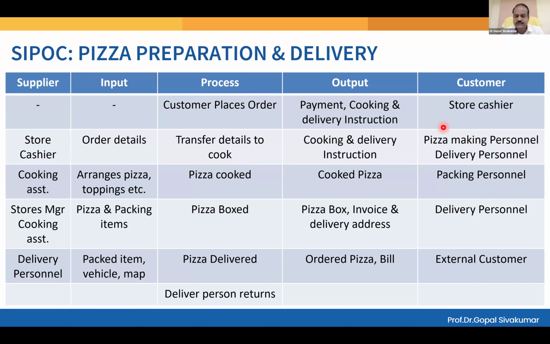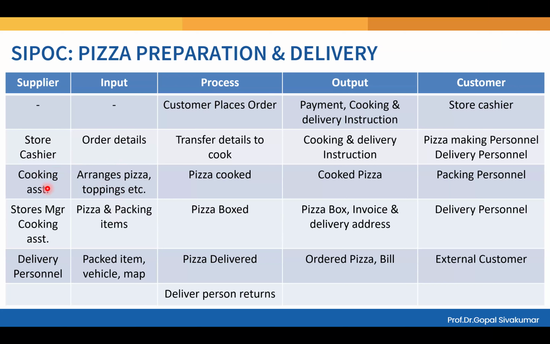Now for the next stage, you know what will happen? The actual pizza will get cooked. In order to cook the pizza, toppings and ingredients are required. Who will bring or supply the toppings and ingredients? The chef himself can arrange, or if the chef has an assistant, the assistant can bring. Am I right? Yes, sir, in my example there is an assistant.